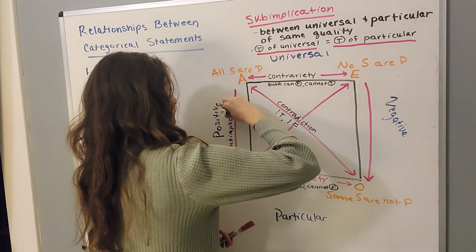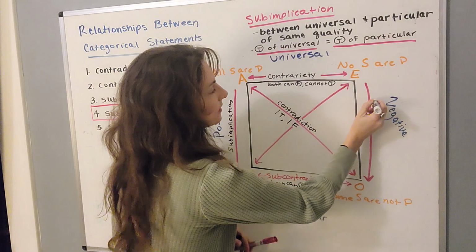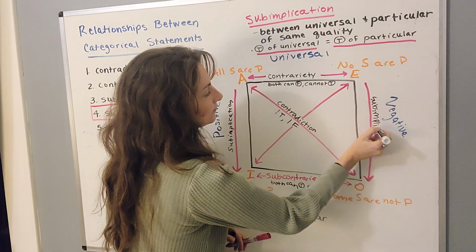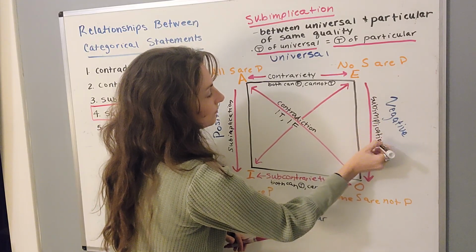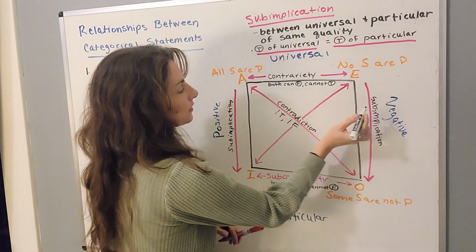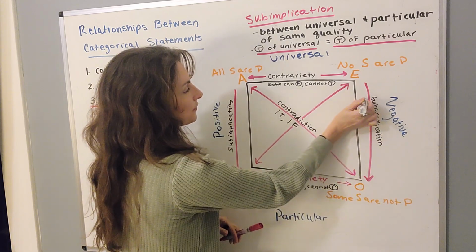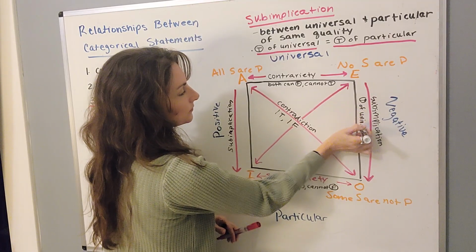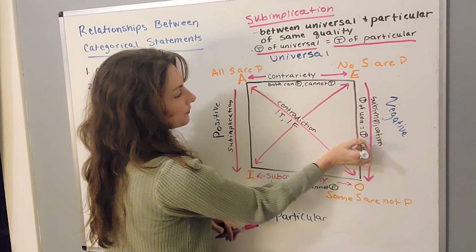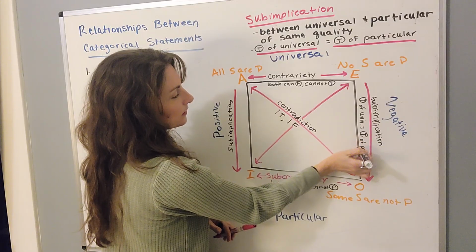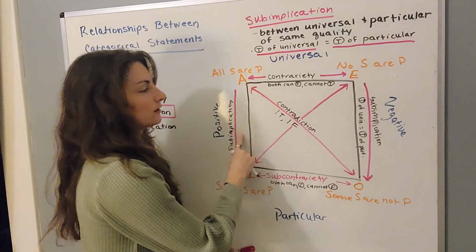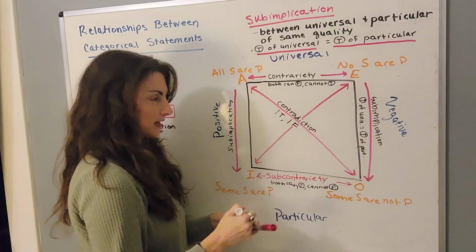And this one is subimplication. Okay, so the truth of the universal equals truth of particular. For time's sake, I won't write that over here, but it's the same on both sides.